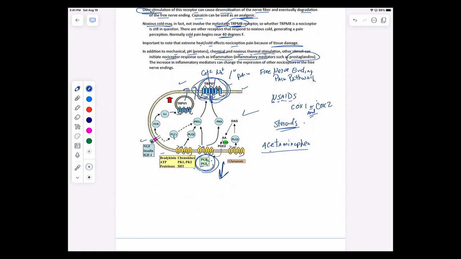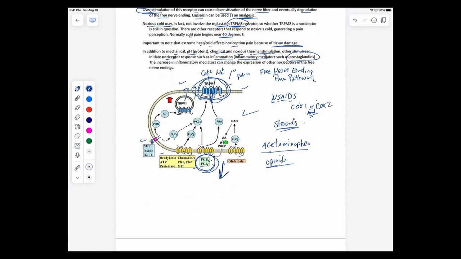Of course, the other well-known category are going to be opioids. And opioids, many of them, oxycodone, fentanyl, you know all those drugs. They also work on pain by working on the central nervous system, so they could be working in areas of the spinal cord, they could be working in the areas of the brain proper, again, to dull pain down.